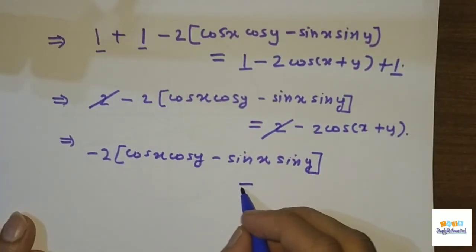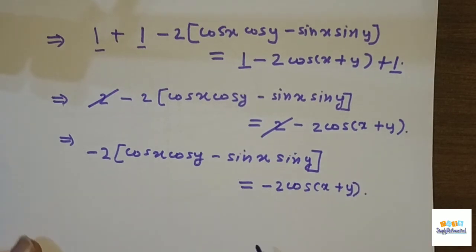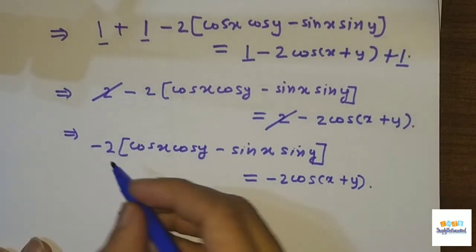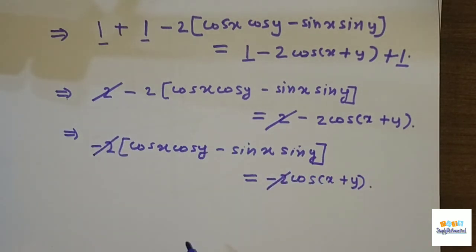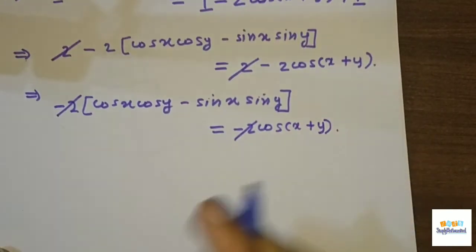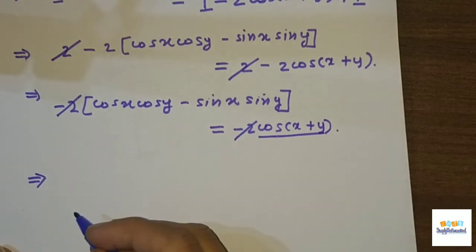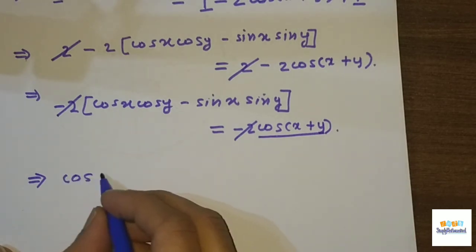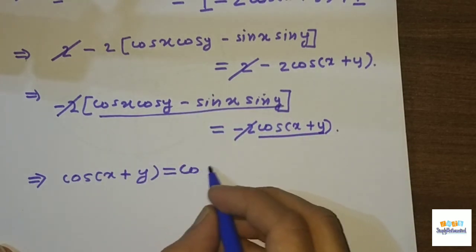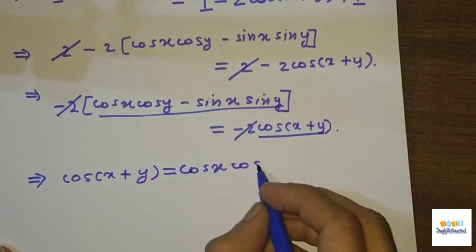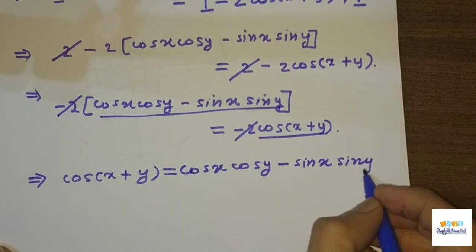Which is equal to minus 2 cos of x plus y. So we'll cancel this minus 2, minus 2 gets cancelled on both sides. What remains, I'll write on the left hand side of the equation: cos of x plus y will be equal to cos x cos y minus sin x sin y.